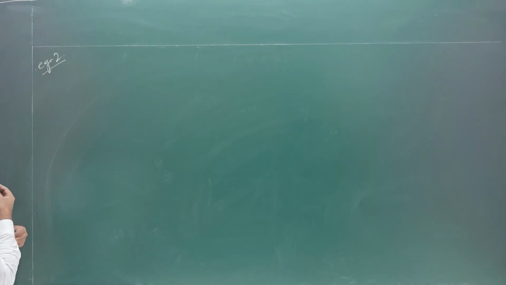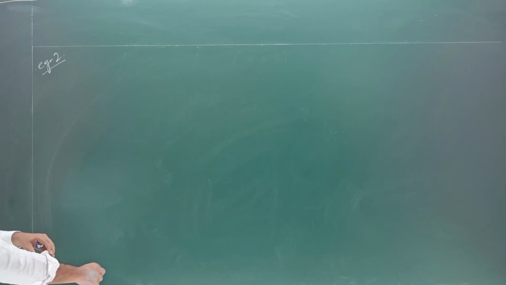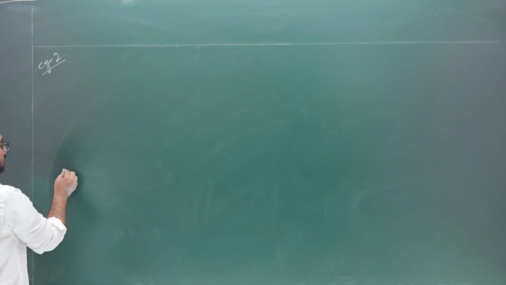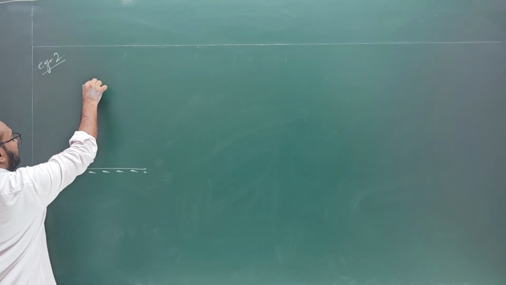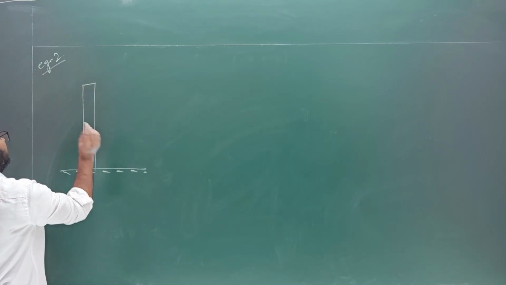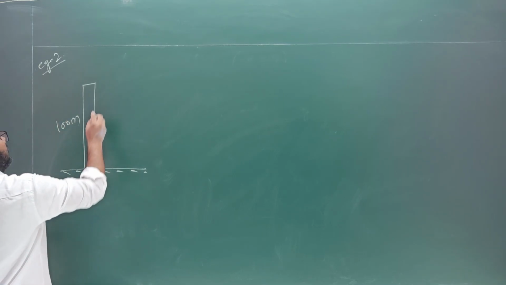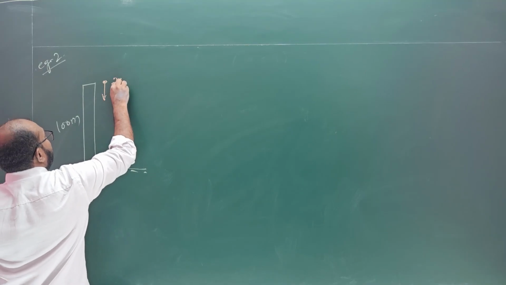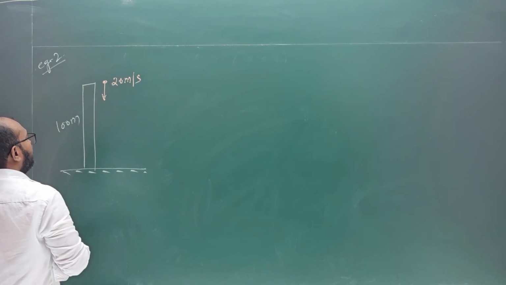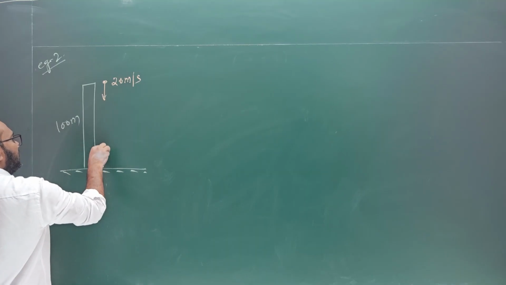Example number 2 is, consider an object, ground is here. Let's say this is your building, and from the building, let's say again 100 meter, and one object is being thrown in the downward direction, that is by 20 meter per second, and one more object is being thrown in the upward direction.